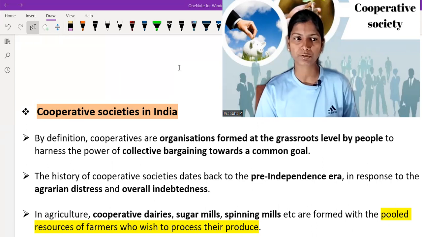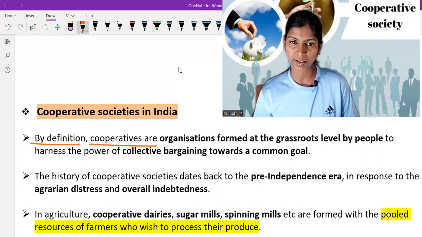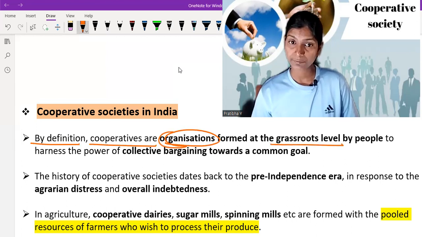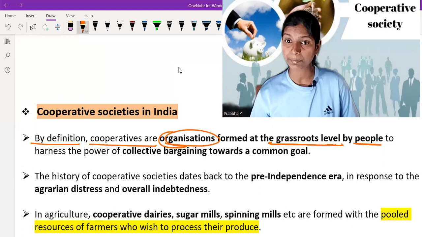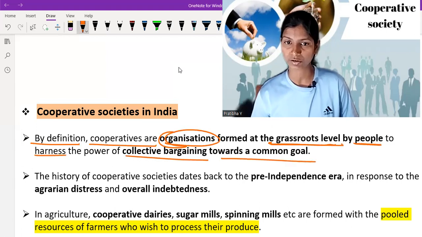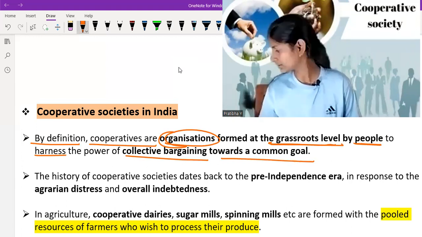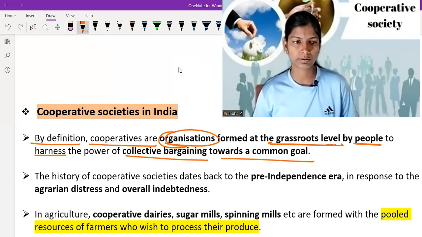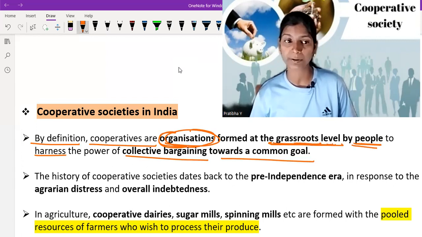So in this video, I'm going to talk about cooperative societies in India. By definition, cooperatives are organizations formed at the grassroots level by the people to harness the power of collective bargaining towards a common goal.